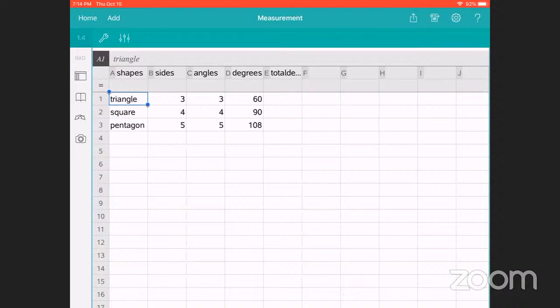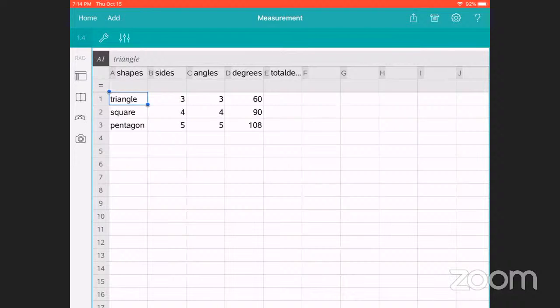For a triangle, it has 3 sides, 3 angles, each angle measuring 60 degrees. For a square, we have 4 sides, 4 angles, each measuring 90, and a pentagon, 5 sides, 5 angles, each measuring 108. Now I want to know how many total degrees are in each one of these shapes.